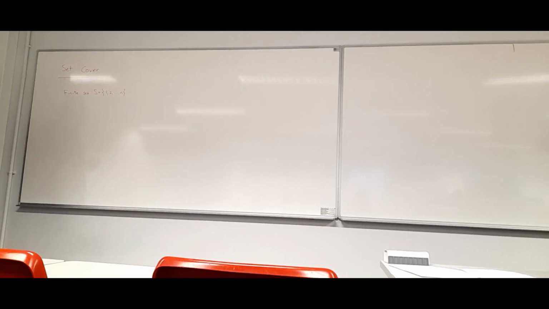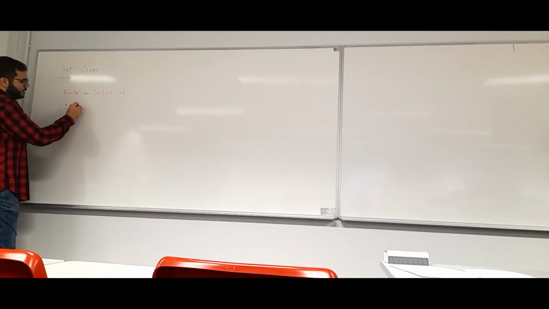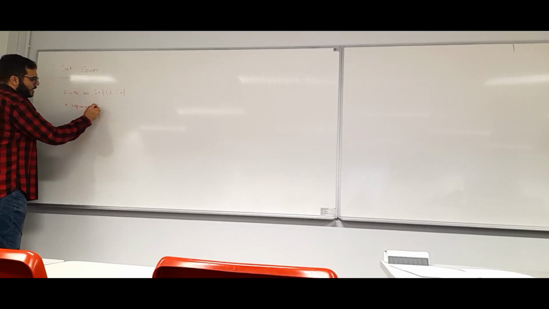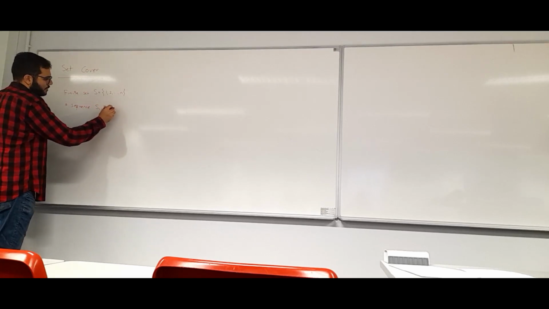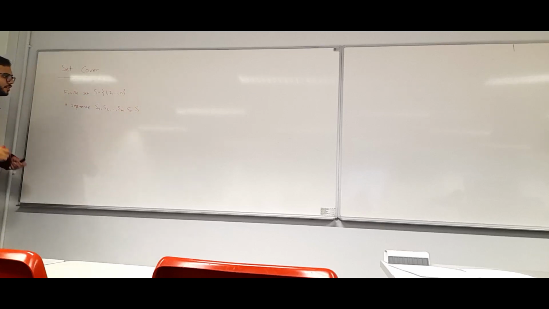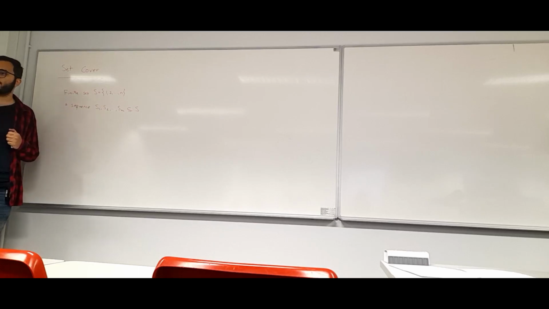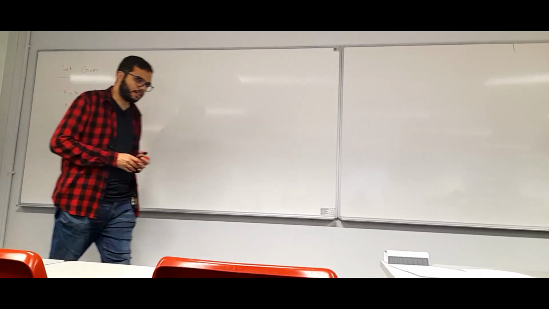And we also have a bunch of subsets of S. So we have a sequence S1, S2, Sm, and all of these are subsets of this. And our goal is to pick the minimum number of subsets so that they cover all the elements in our set. Okay.